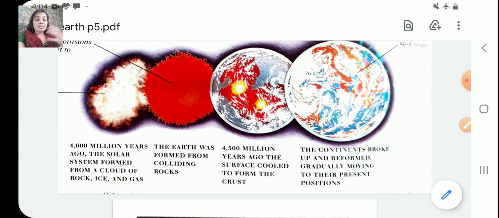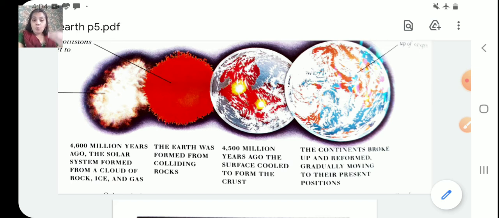Stars and galaxies are just a tiny part of the total mass of the universe, and nobody knows for sure how the universe began, and evidence suggests that the universe started with an explosion of energy known as the big bang.